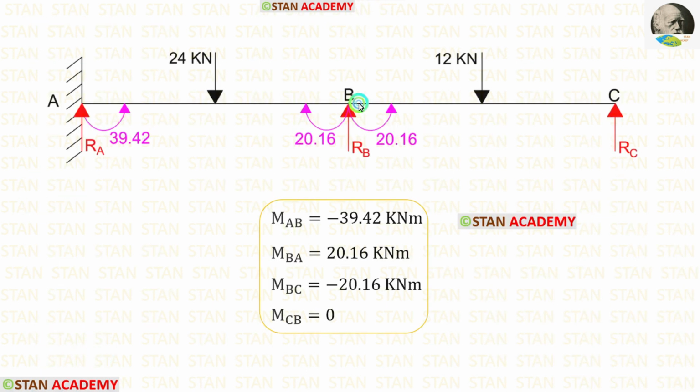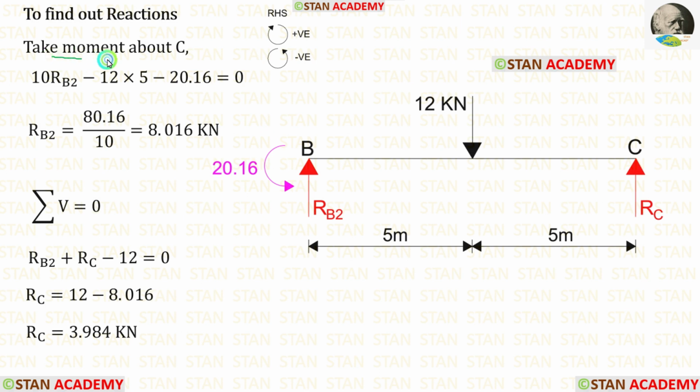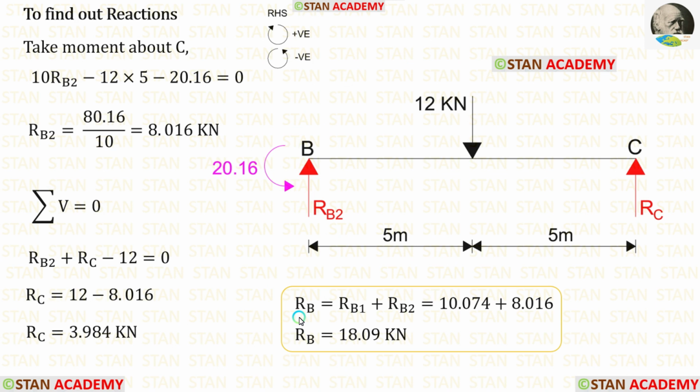Now let us take the span BC and find the vertical reactions. By taking moment about C, we can find out RB2. By applying this rule, we can find RC. In the point B, we have found the reaction 2 times. Let us add RB1 and RB2 so that we will get RB.